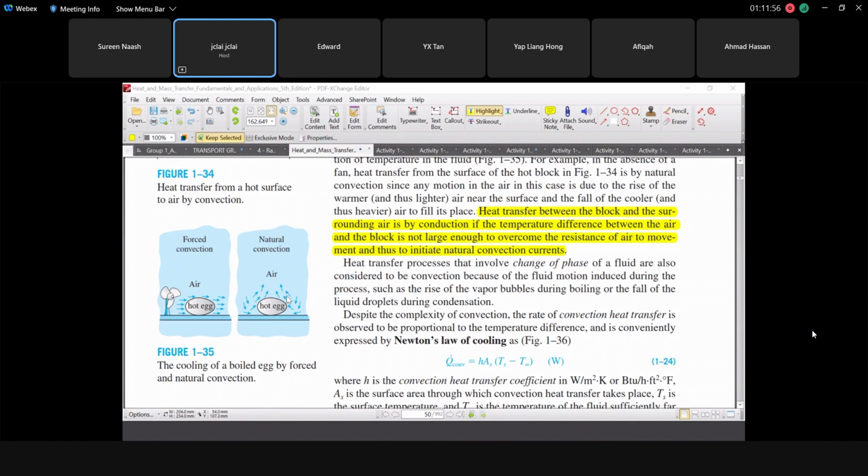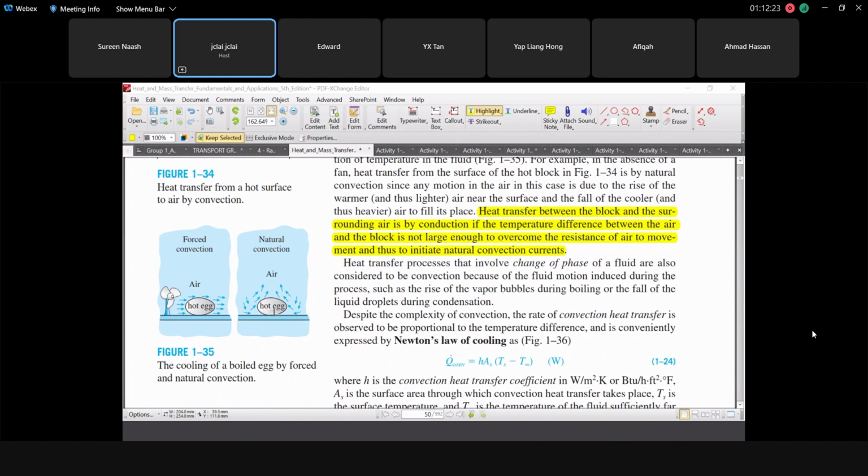A heated air with higher temperature will have lower density. That's why it tends to move upward, and the movement of the air causes airflow. This forms natural convection, but it depends on the temperature difference.